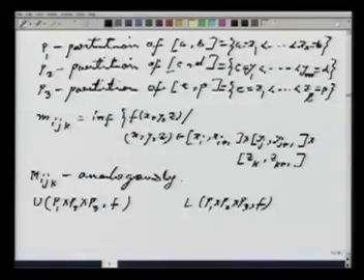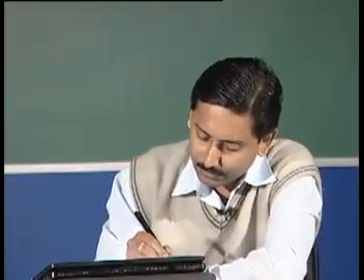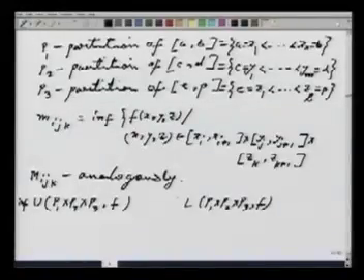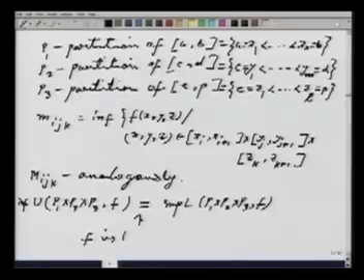Just by looking at this supremum and infimum, then I can look at the infimum of the U(P, f)s, I can look at the supremum of the L(P, f)s varying over all partitions. If these quantities turn out to be same, then we say f is integrable, which is analogous to the double integration.